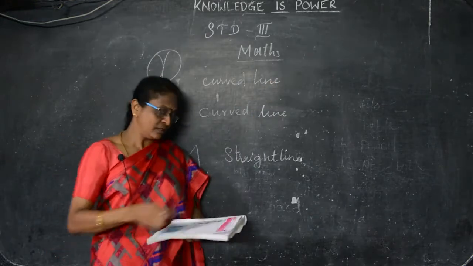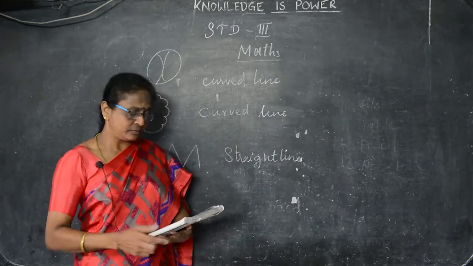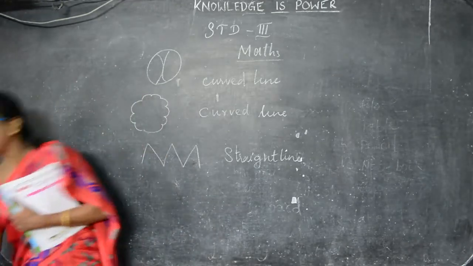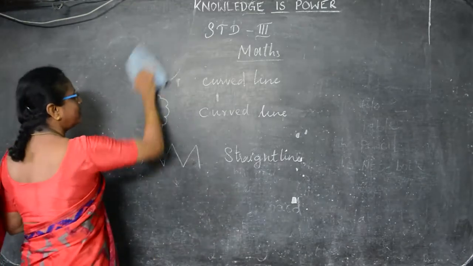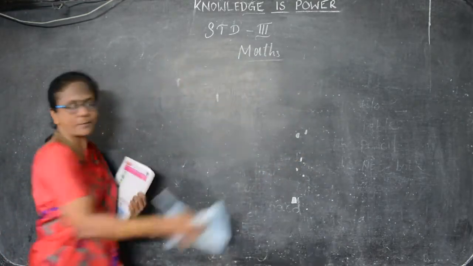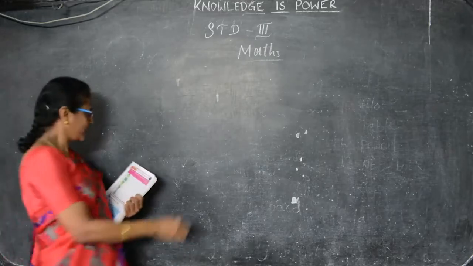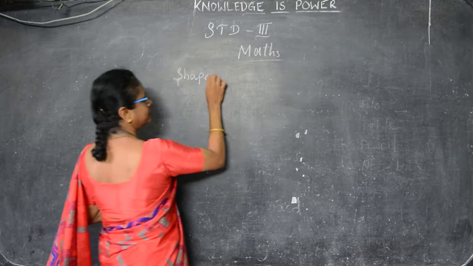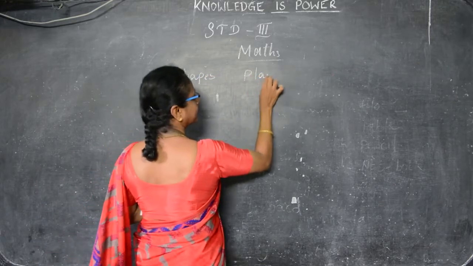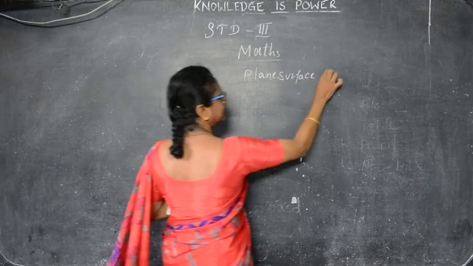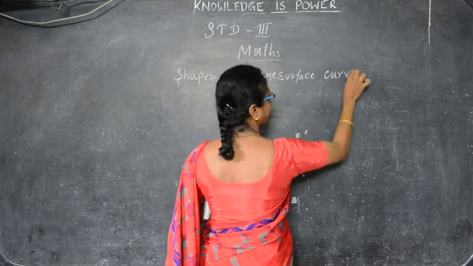Okay. Now the next one is you can put the shapes and tick the mark whether it is a curved line, plane surface or a curved surface. Shapes, plane surface, curved surface.